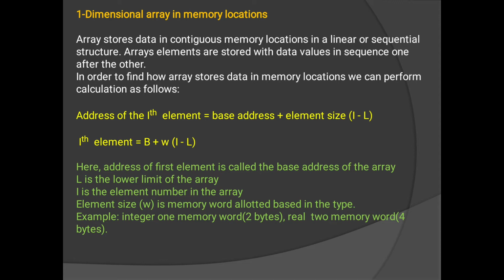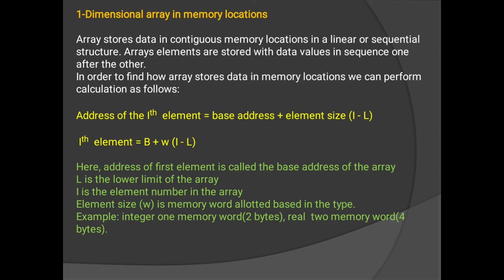I is the element number in the array for which you are searching the address of the memory location, and element size W is the memory word allotted based on the data type.